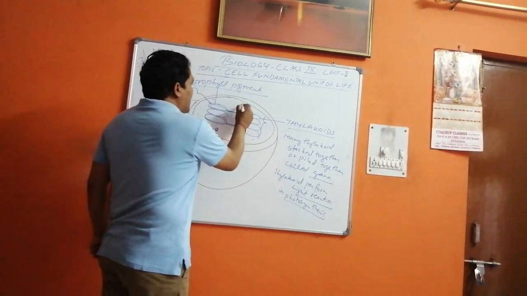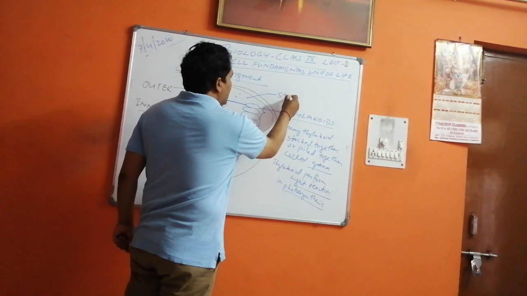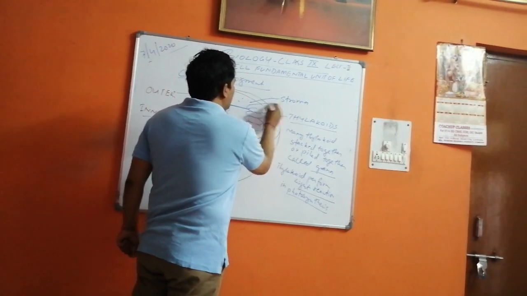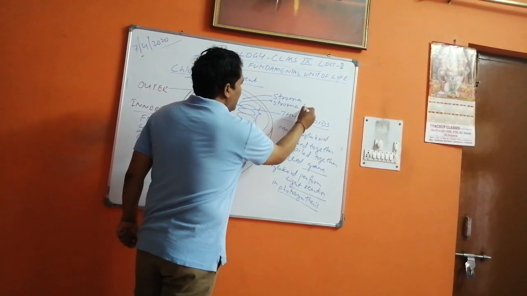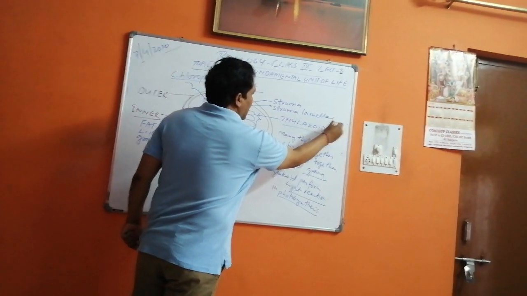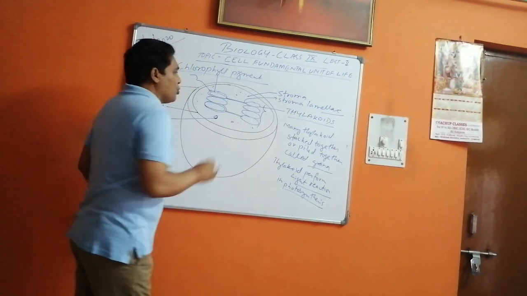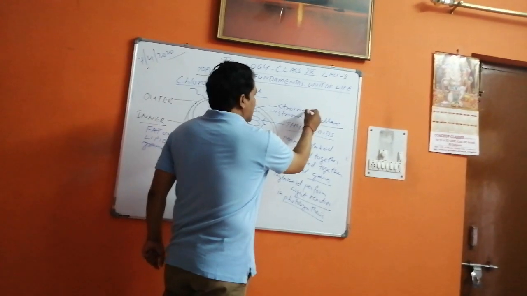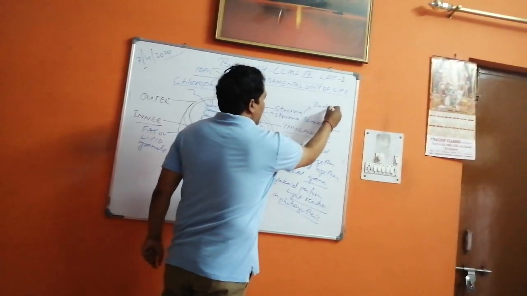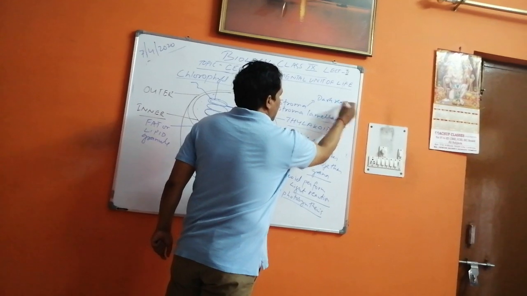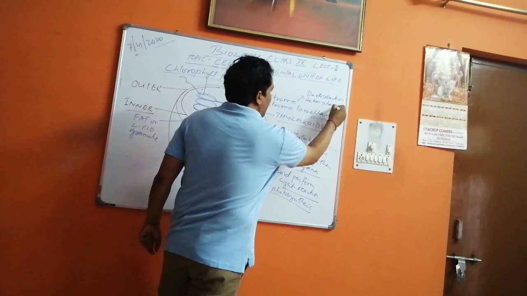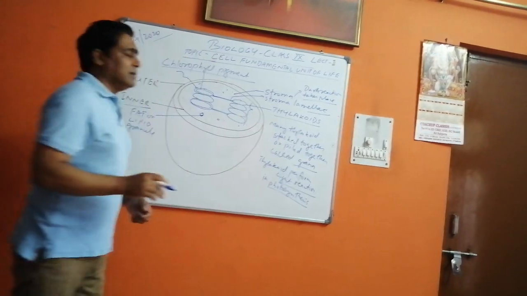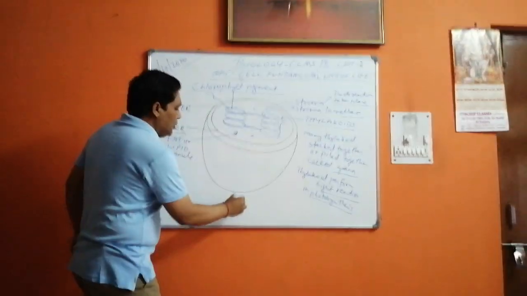reaction. Now this part is known as the stroma, and these small bridges are known as stroma lamellae. Inside the stroma, the dark reaction takes place.